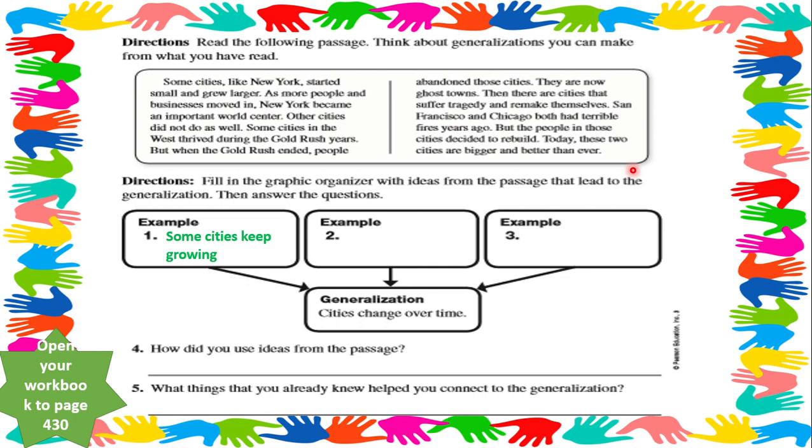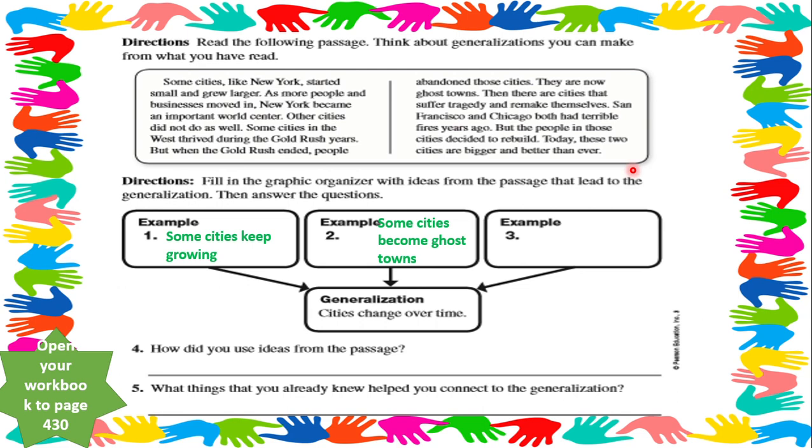Example 2, we said that there were some cities that were doing well during the gold rush years, and then when the gold rush years ended, they left the cities, and now these cities became ghost towns.